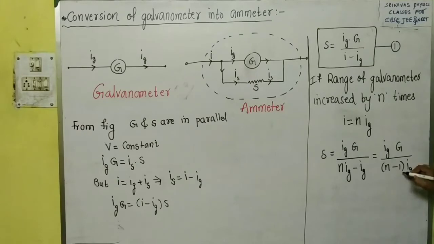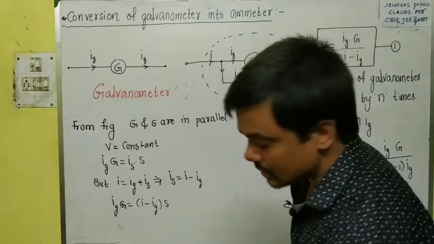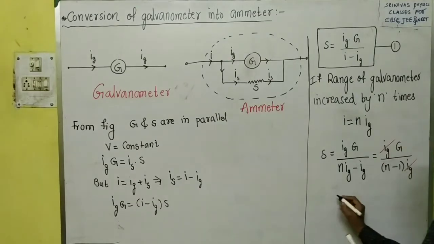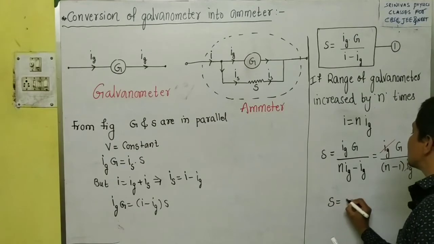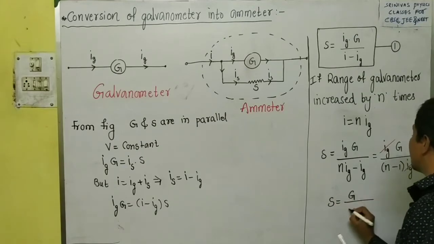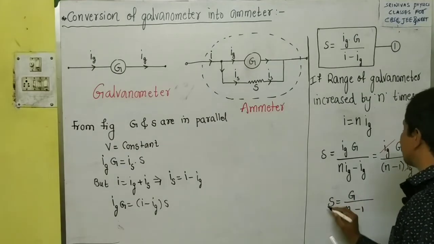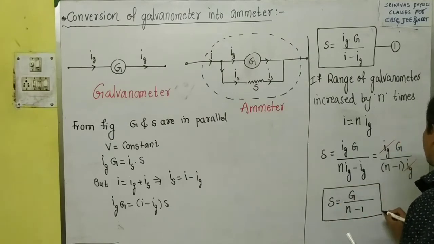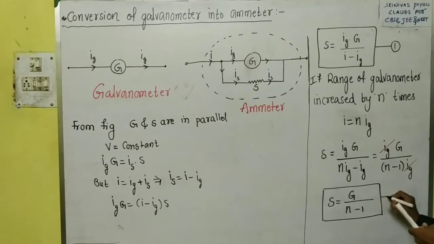This Ig and this Ig will cancel. Finally we will get one formula for S, that is S is equal to G by n minus 1, okay. And this is equation 2.